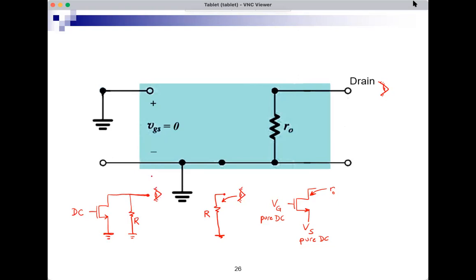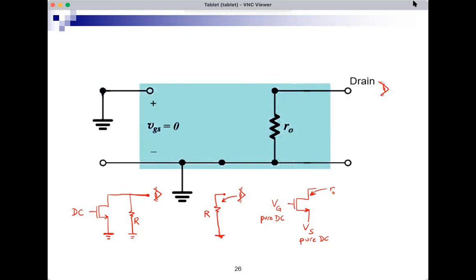What would the I see now? So type your answer if you have a guess in the chat window. R in parallel with small RO.